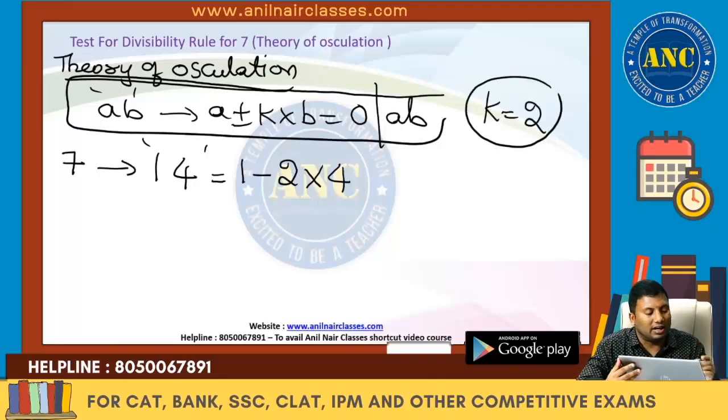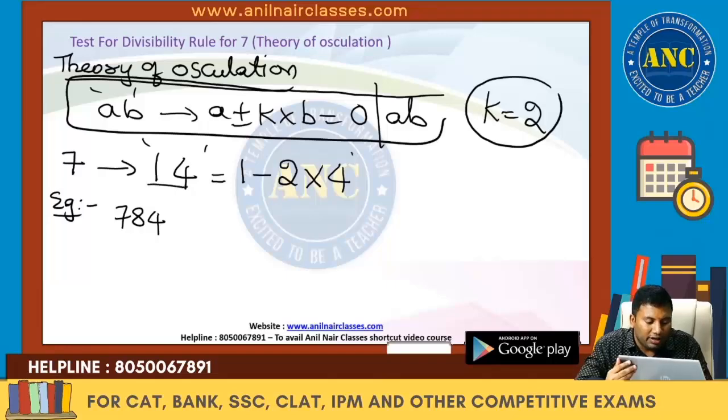How does it help? Suppose for example 784 is there. In this example, we took the unit digit, 4, and multiplied it by 2. So 4 2s are 8.